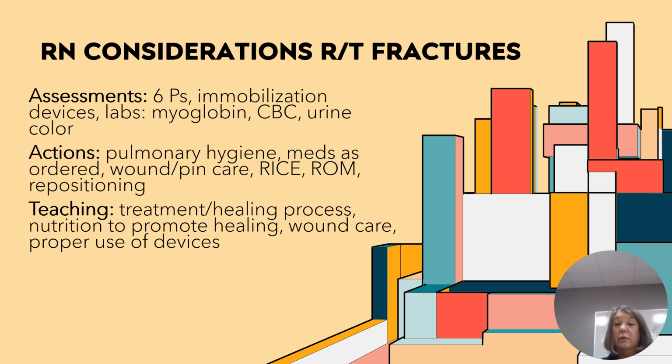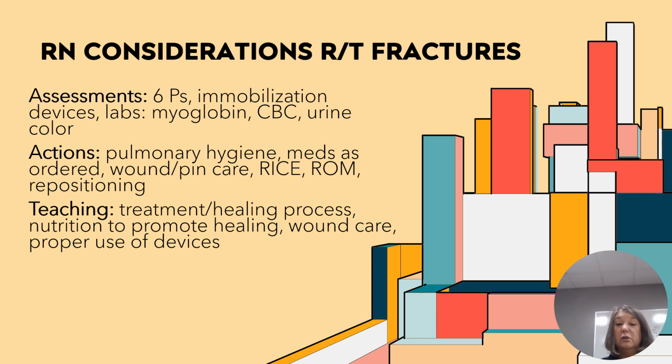Gravity is always our friend with inflammation. And our site, if we can elevate it, we would like to. Ice, possibly heat, but more likely ice because of the inflammation risk. Range of motion, ambulation, repositioning, hydration and nutrition, all the things.